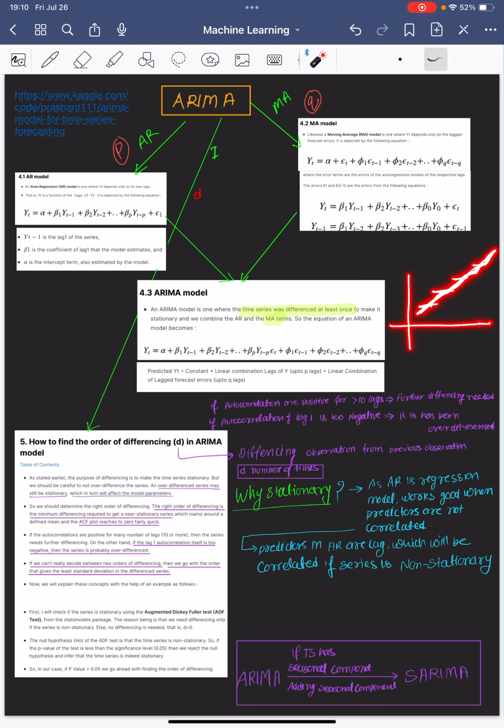Correlated means they have some combination and some relations. If I have to get this value, maybe I can multiply and add some numbers here and get this. Similarly, at this point, I can multiply or add something here and get this. So it means if the series is non-stationary, there will be some correlation. That is why we have to make it stationary, right? How to make it stationary, and how many orders of differencing are required in the model, I will talk about in the next video.